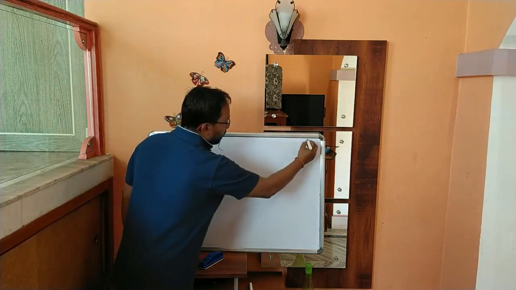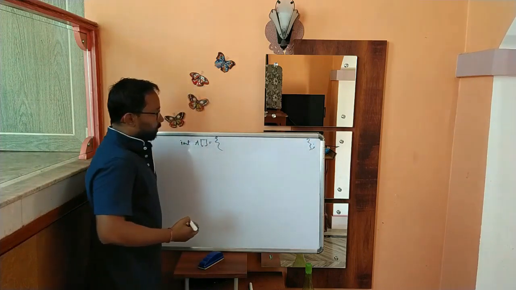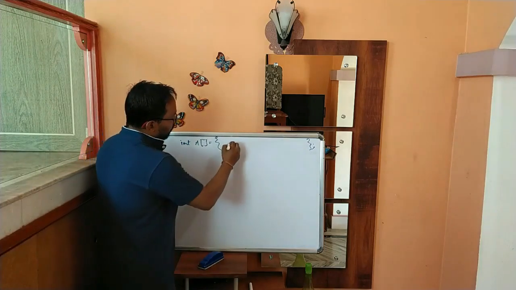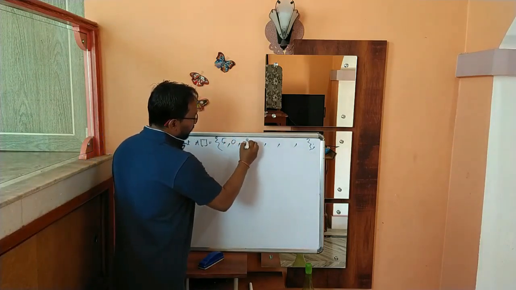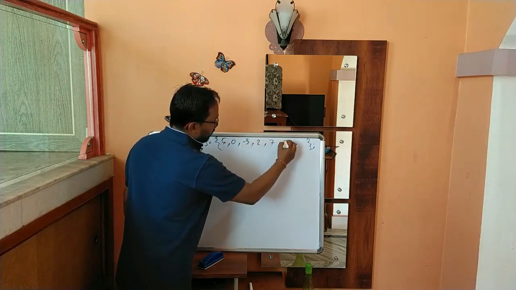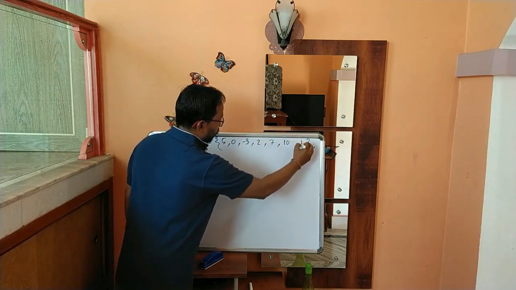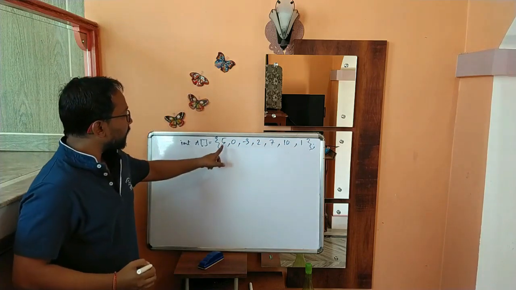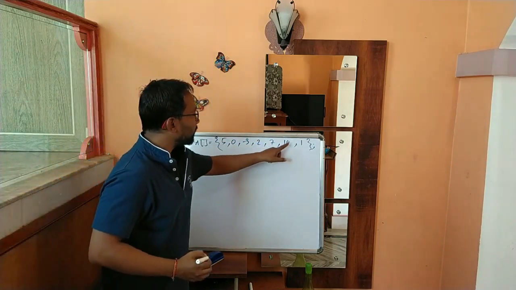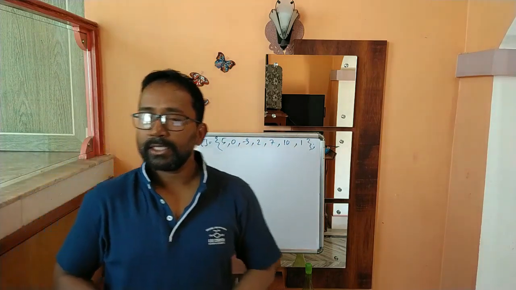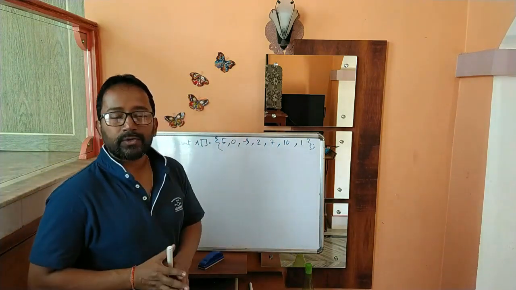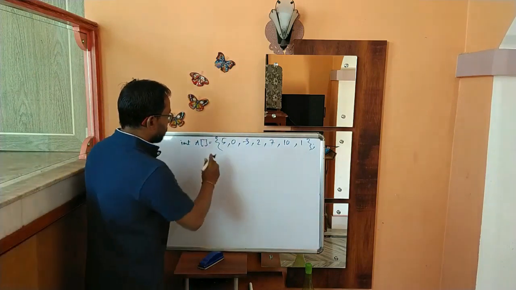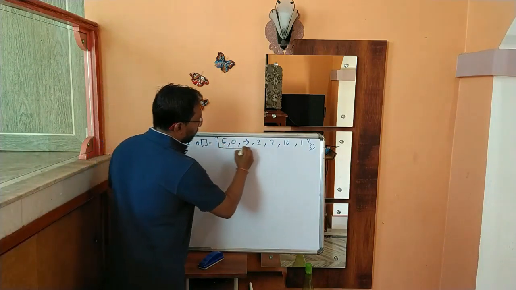Now here, instead of writing the new keyword with the number of elements, we will pass some values: 5, 0, -3, 2, 7, 10, 1. So how many values have we passed? 1, 2, 3, 4, 5, 6, 7. To accommodate these 7 values in this integer array, the array will be created with 7 elements.